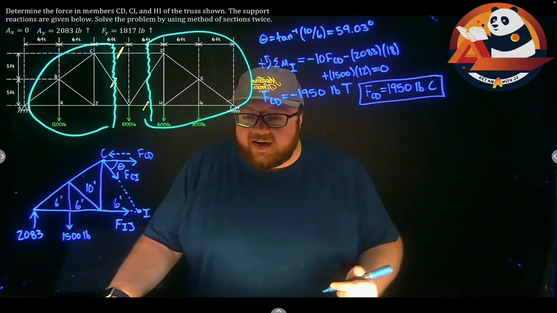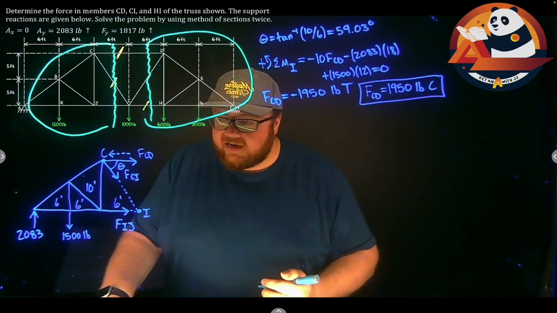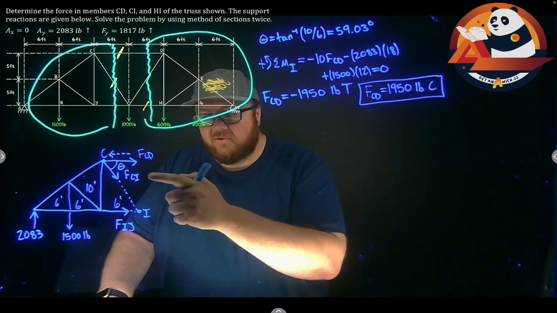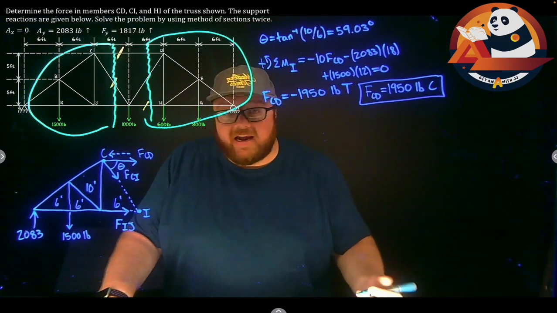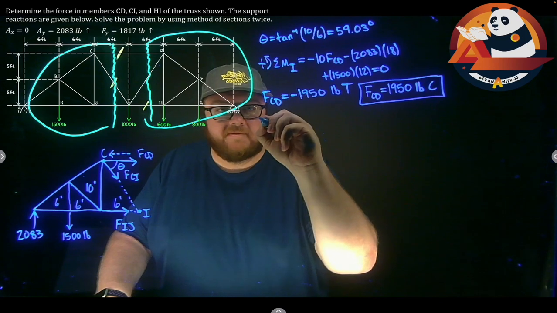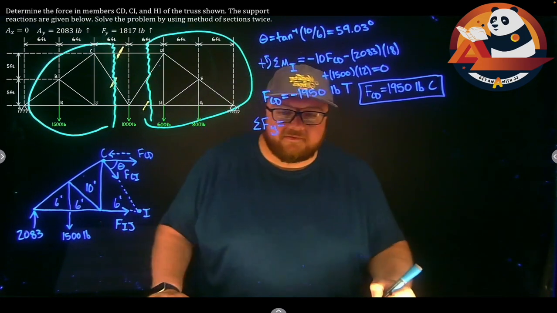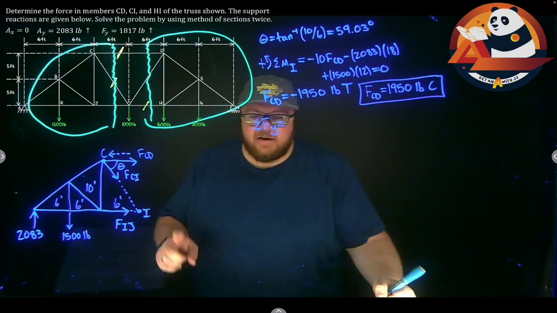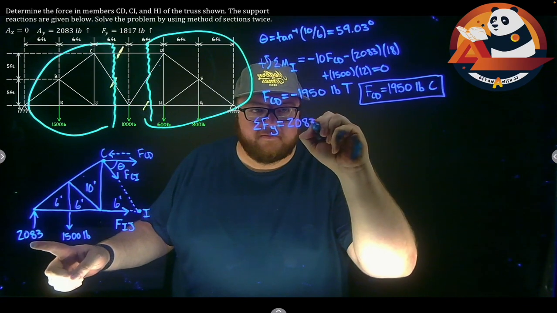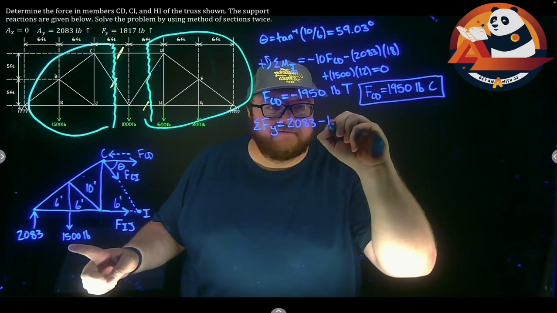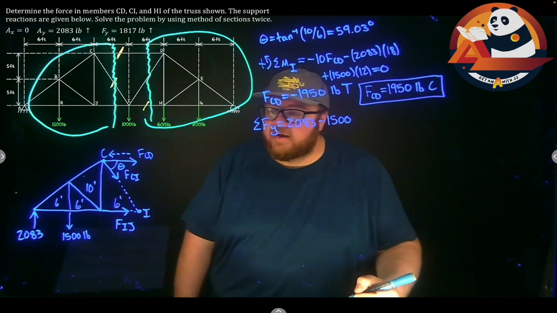And if I drop a negative, I change that T to a C, which would be my first answer in here. Always for trusses, give it as a positive and then say T or C, tension or compression. But with that known, I now have 2 unknowns left in here, FCI and Fij. Can I find what I was asked for, FCI, without needing to find Fij? And we can. I can just sum forces in the Y for that one. If I sum up my forces in the Y direction, I'm going to get 2083 minus 1500, and I need to subtract off the Y component of FCI.